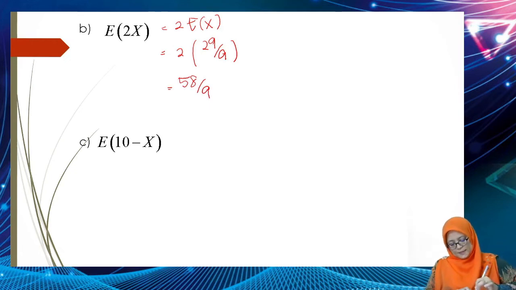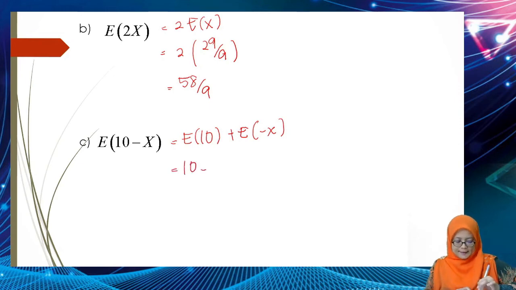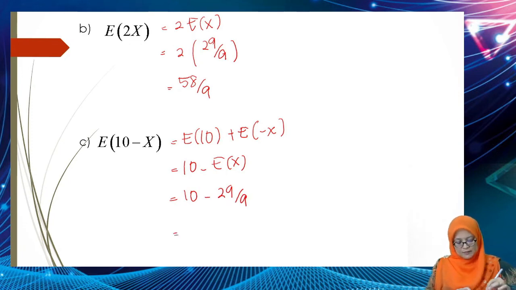Okay, so then expectation 10 minus X. So ini expectation 10 plus expectation negative X. So ini 10 minus expectation X. So 10 minus 29 over 9. Okay, so ini 90 minus 29. 90 minus 29 is 61. 61 over 9.